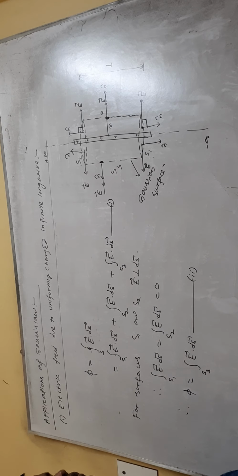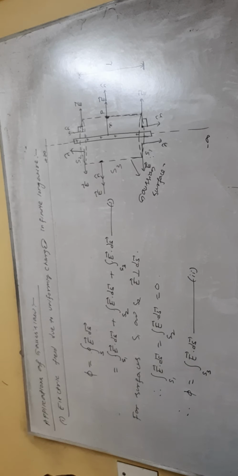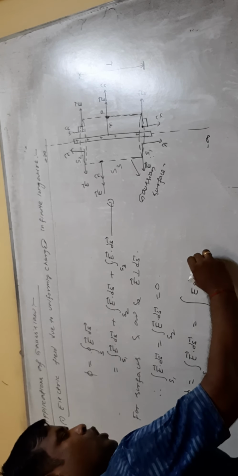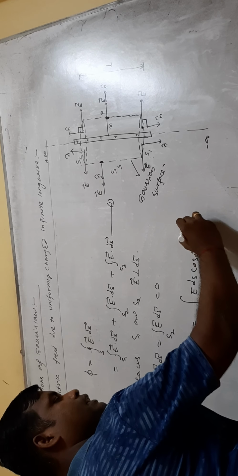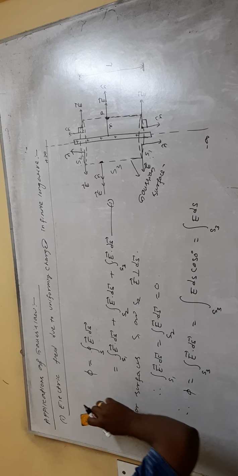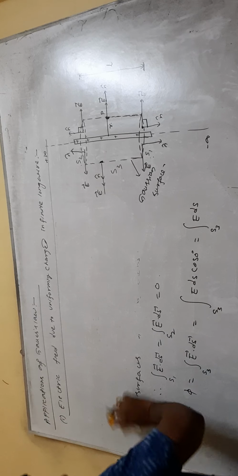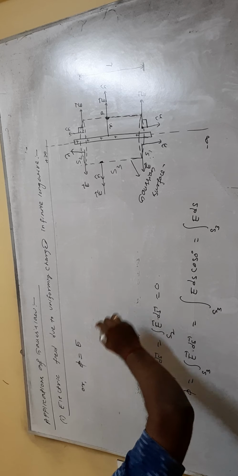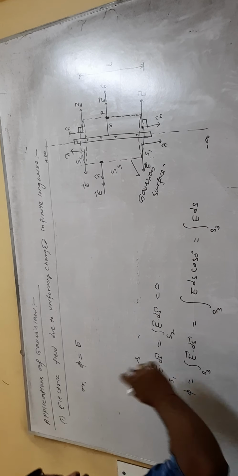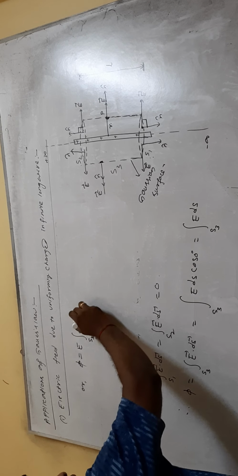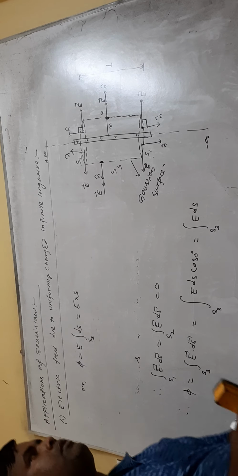And you see, electric field and area vector are parallel to each other for the curved surface. So this is equal to E ds cos 0 degrees for S3, that is equal to E ds for S3, or phi is equal to E. E is uniform over the curved surface, so it can be taken outside of the integration, ds integration, that is E into S. What is the curved surface area?